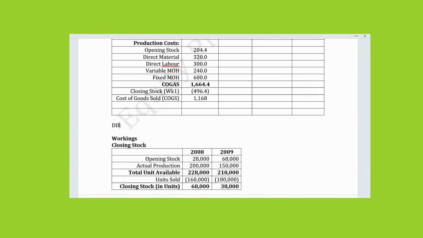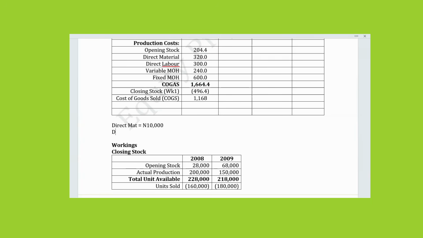For example, you are given direct material in total value. Let's say you are told that direct material is, for simplicity, 10,000 naira. You're also given direct labor, let's say 15,000 naira, just for demonstration purposes.